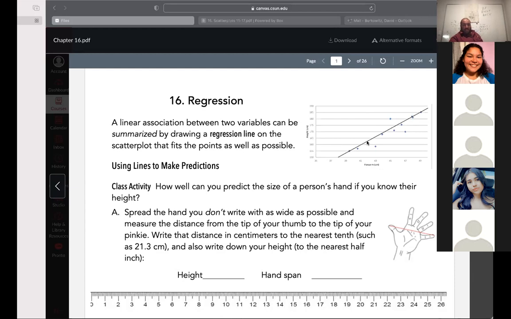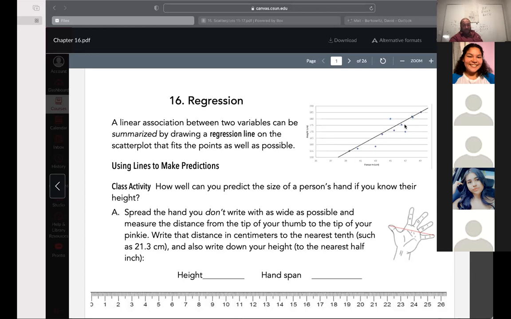Because the line is the best fit, which means if you want to predict Y values, the line is a better predictor than anything else. So I would say that 42 forearms would be somewhere around 163 centimeters in height. Does that make sense?